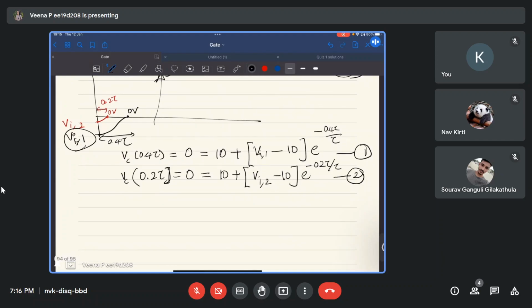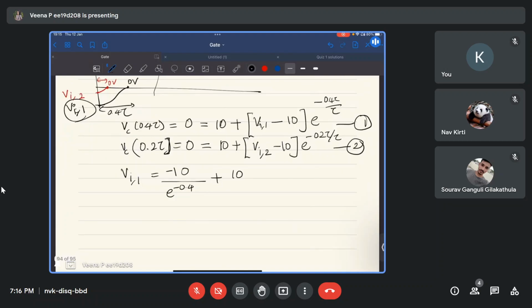When you solve the first equation, you will get Vi1 as minus 10 by e raised to minus 0.4 plus 10. Is this correct? So you'll obtain Vi1 as minus 4.918 volts.